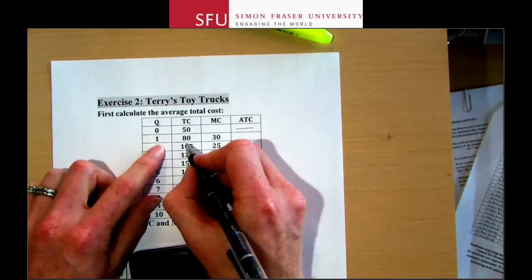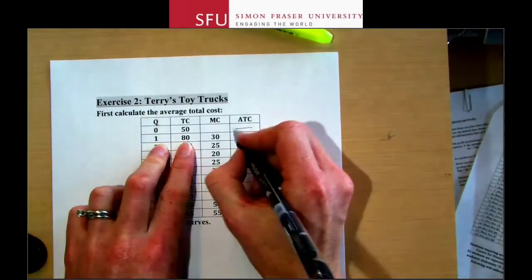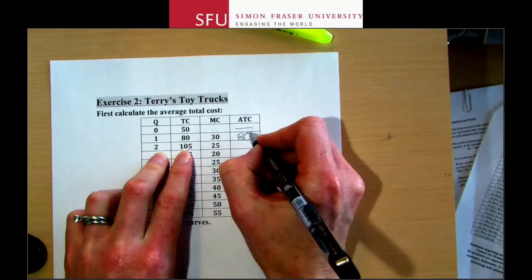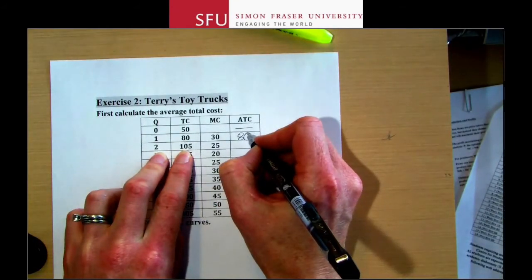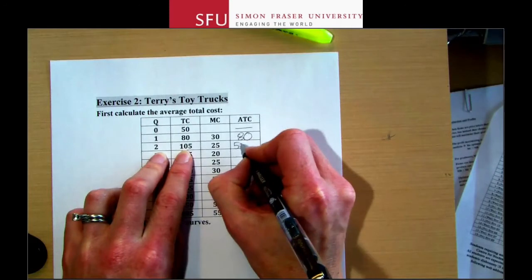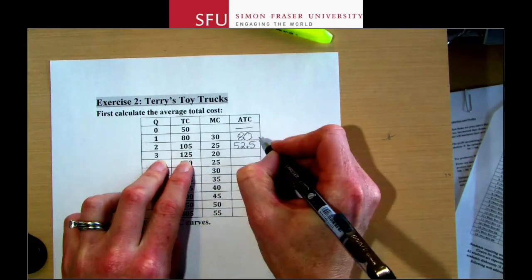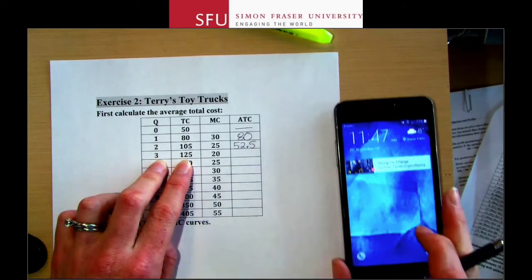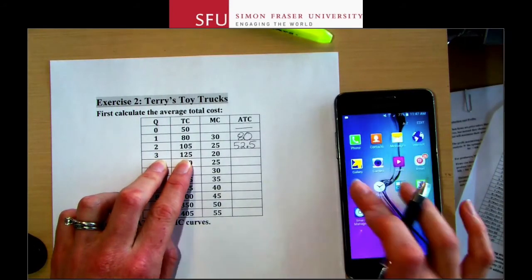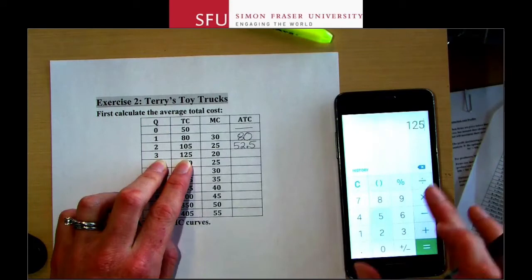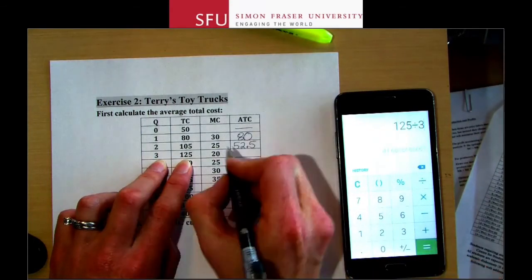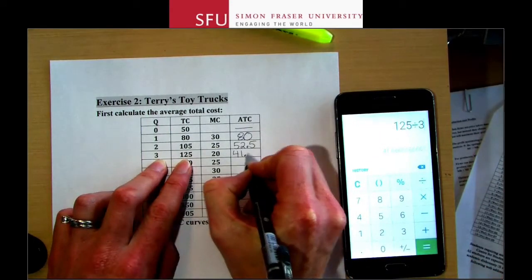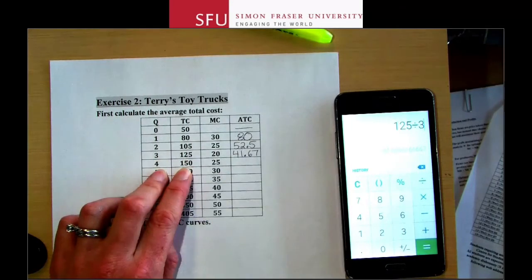All right, 80 divided by 1, 105 divided by 2, and no, I can't do that one in my head. Okay, 125 divided by 3. $150 divided by 4.